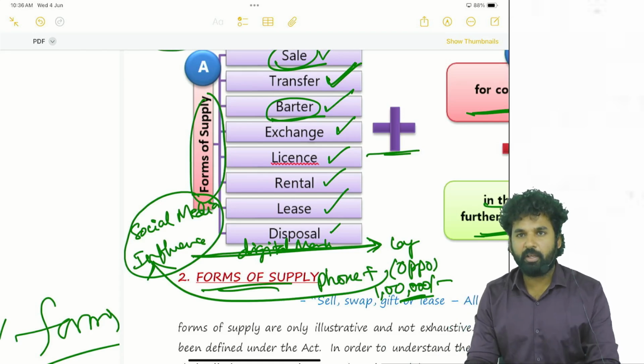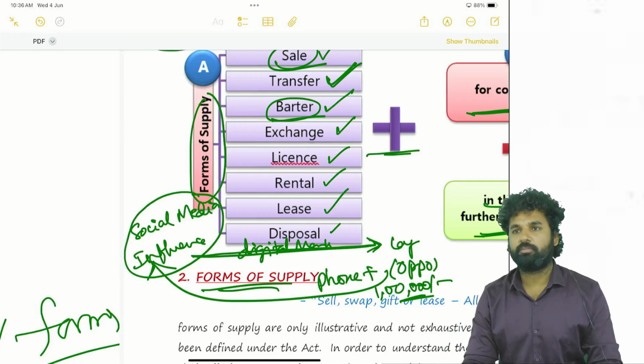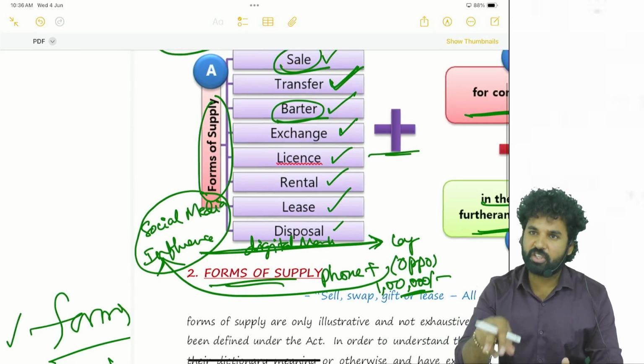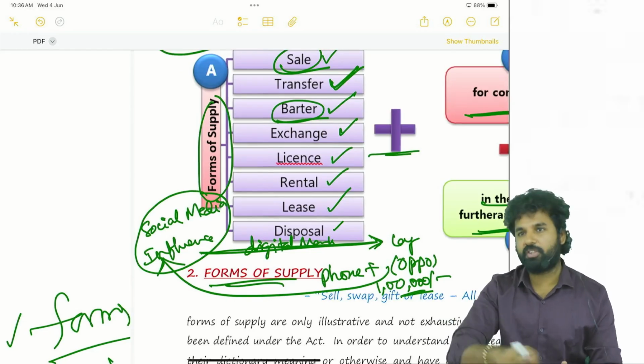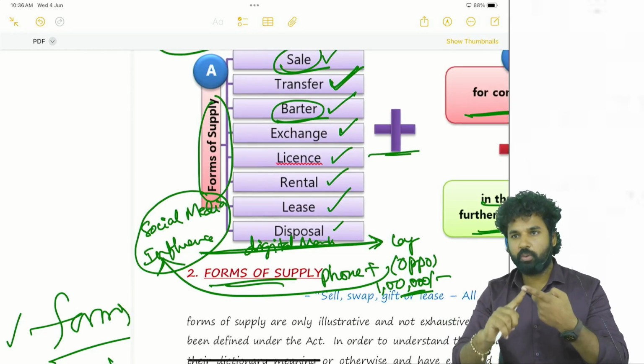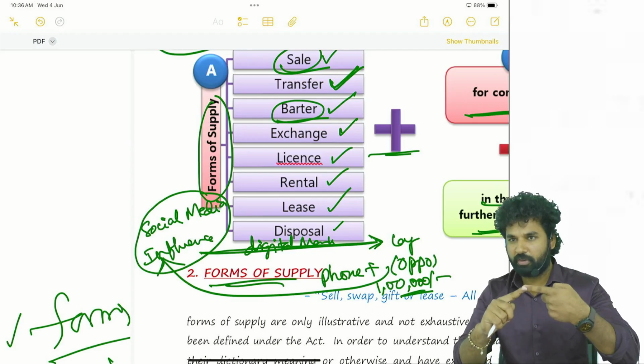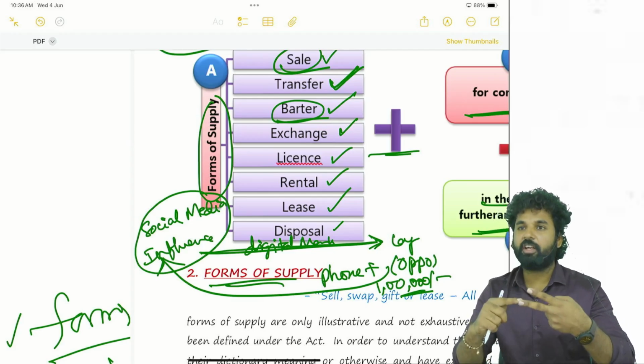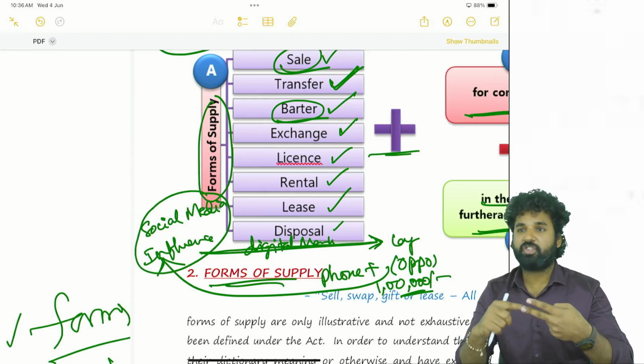So it is a supply. The Amazon seller is supplying goods to us. So even though it is an exchange transaction, that comes under the definition of supply only. It comes under the definition of goods. Next it is a form of supply. It is an exchange transaction.